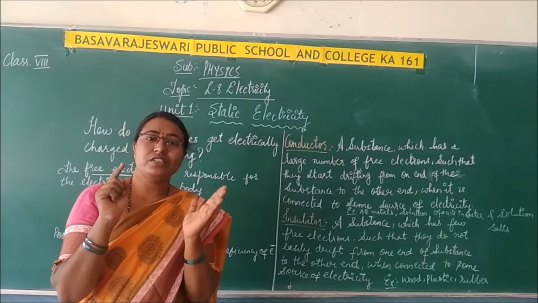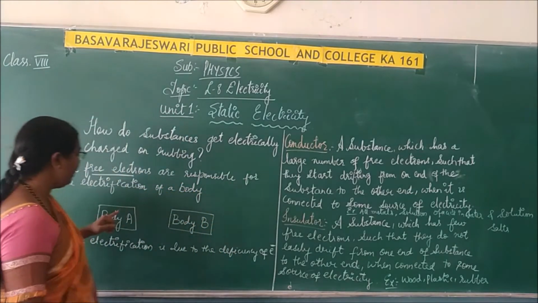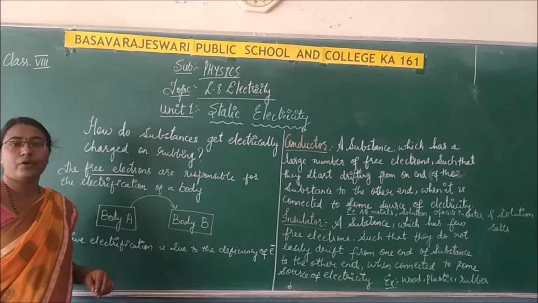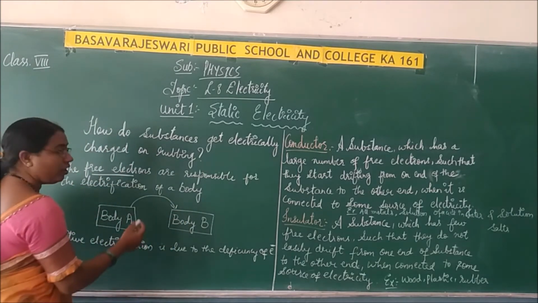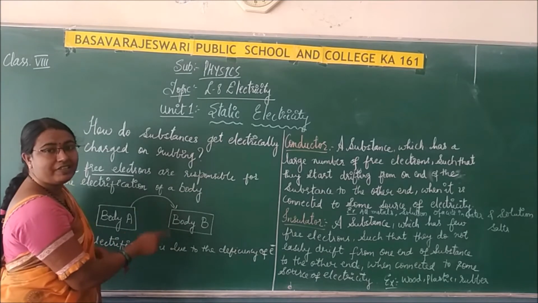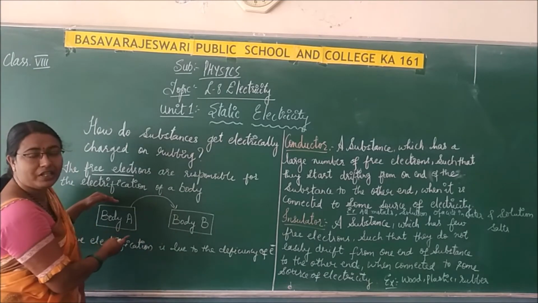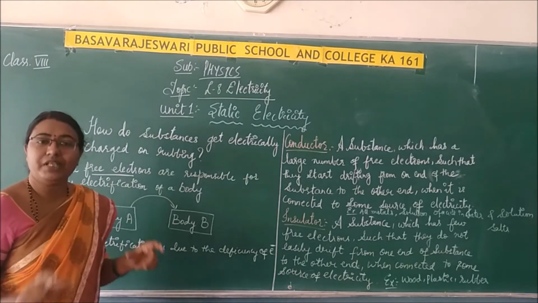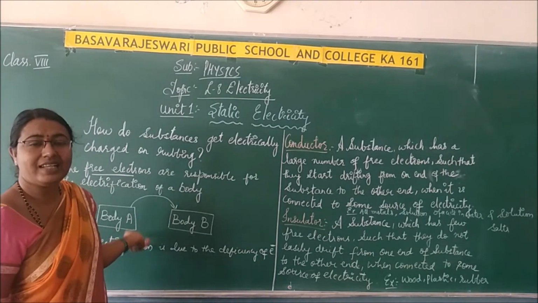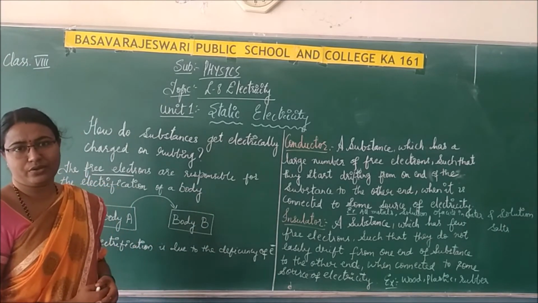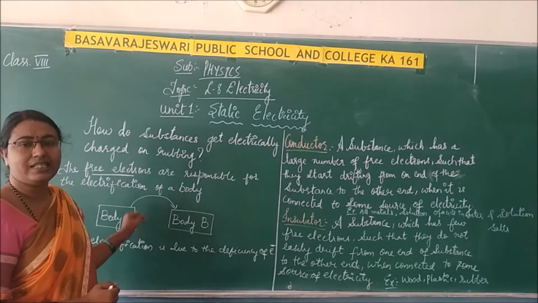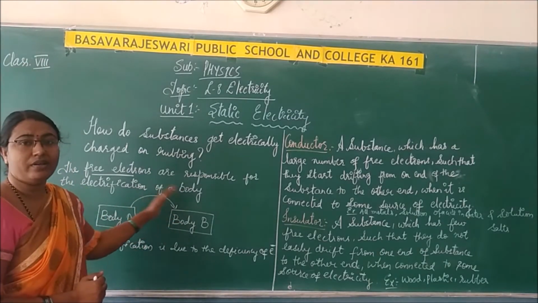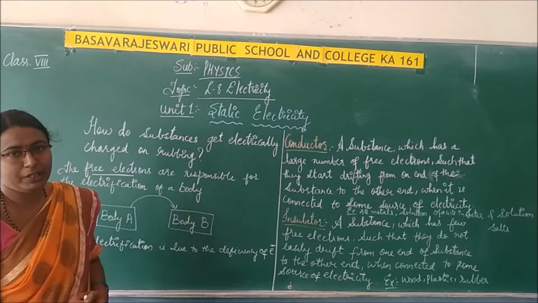The free electrons which are present in body A will move towards body B. It clearly means body A has lost the electrons. Body A has lost the electrons, so it has donated or given the electrons to body B.